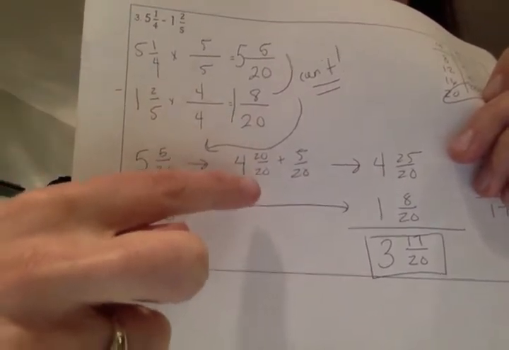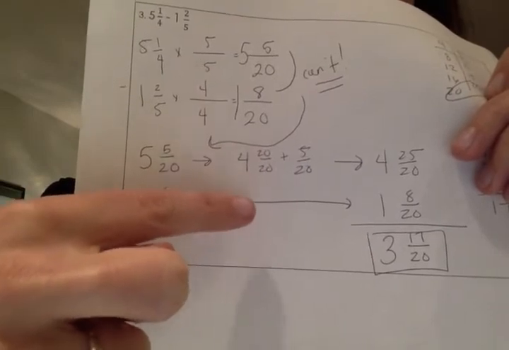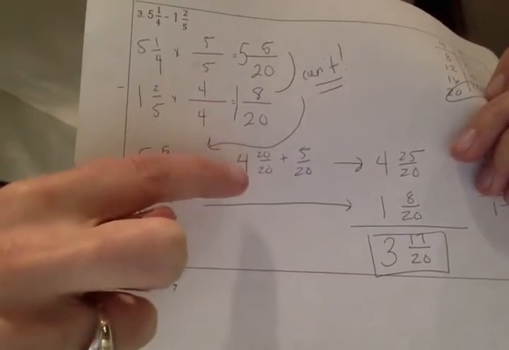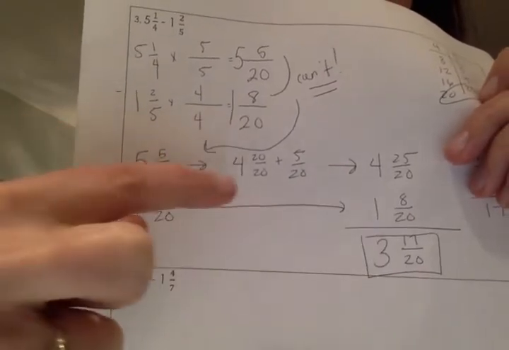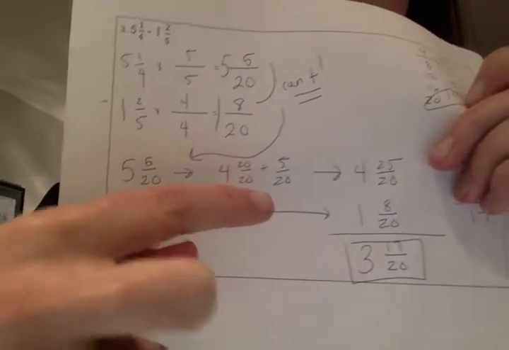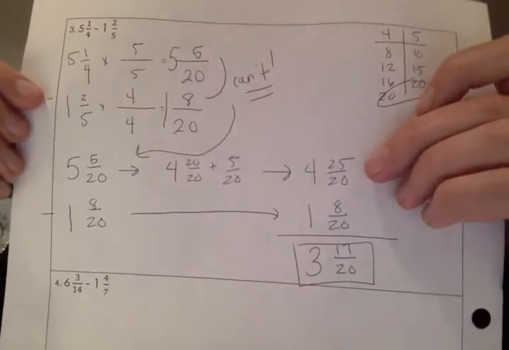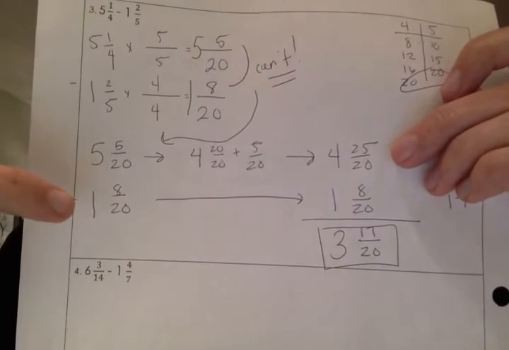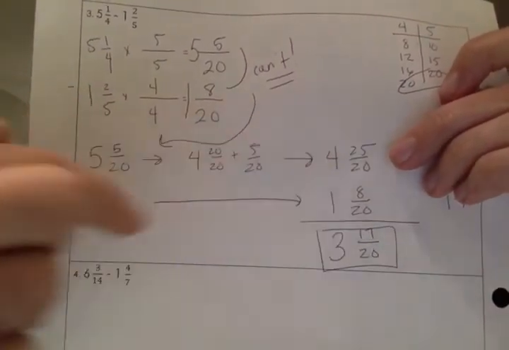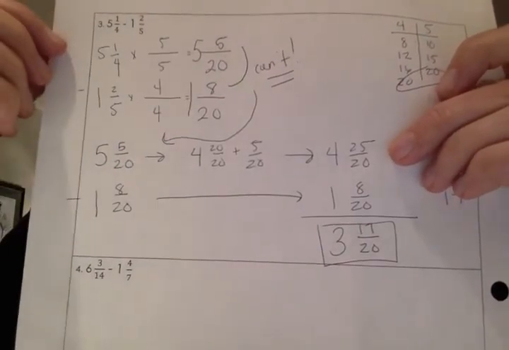The reason for that is because 20/20 is the same as 1 whole. So 4 wholes and 1 whole is like 5 wholes. But I have to keep the 5/20 that I always had. So that simplifies to 4 25/20. The 1 8/20 doesn't change, so that goes just right across.